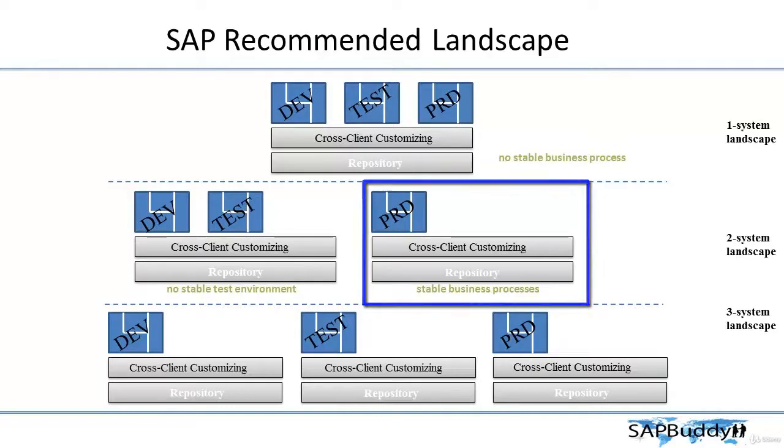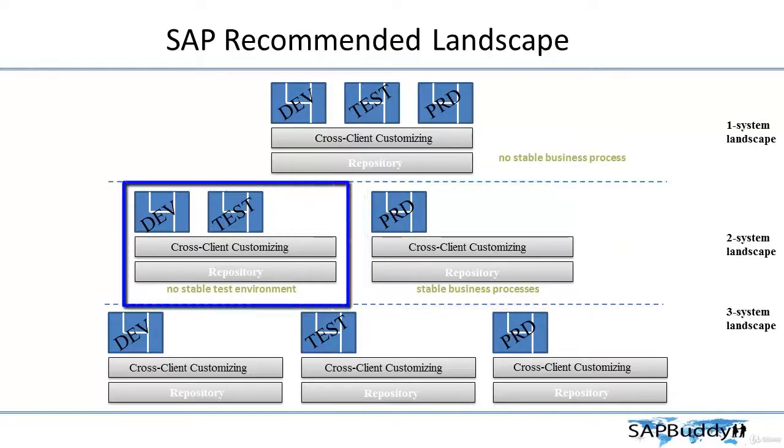However, if you keep the development and testing in the same system, then the problem will be the testing scenario. During the testing, you cannot have consistency in cross-client customizing and the repository object changes. So the test environment may not be as stable as we want.